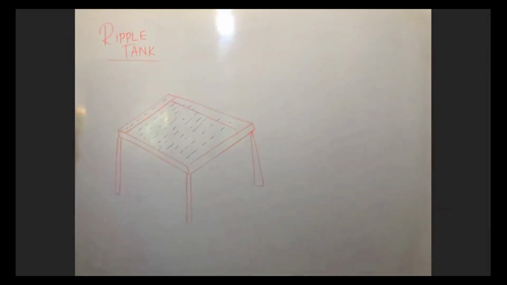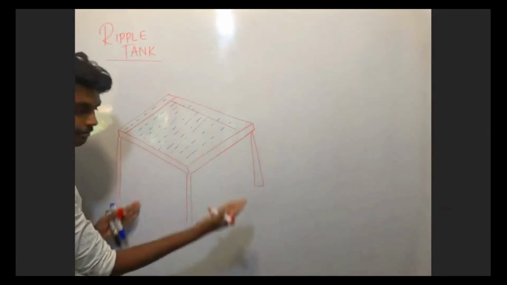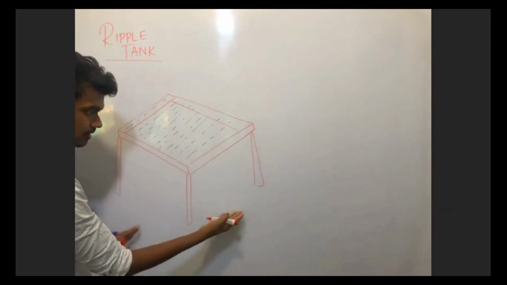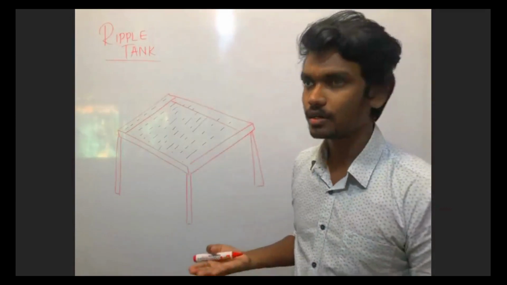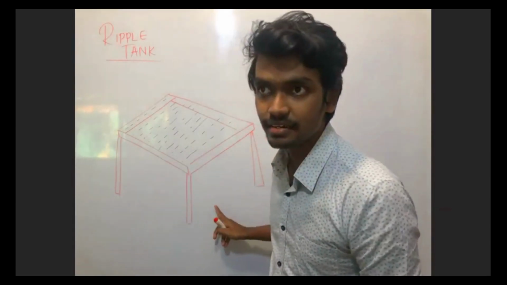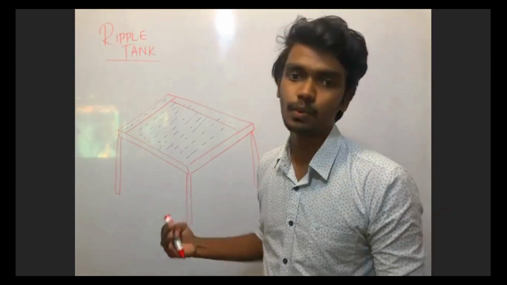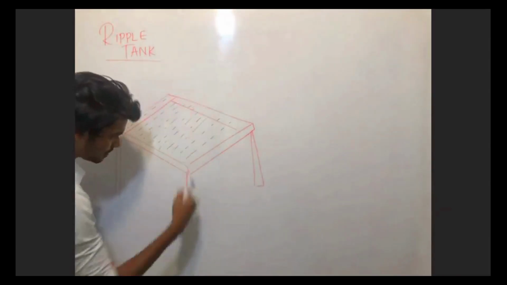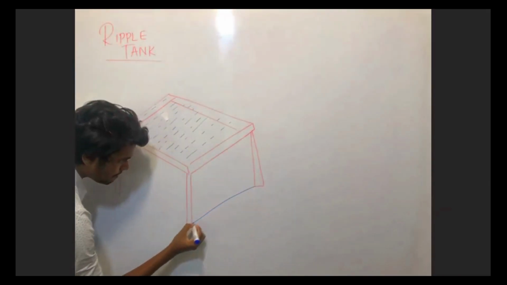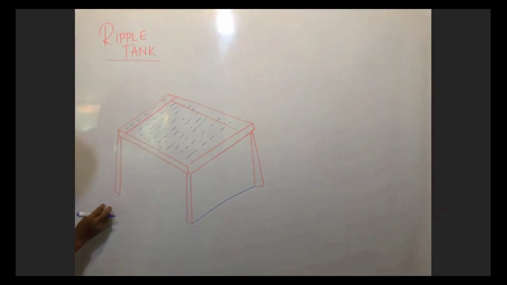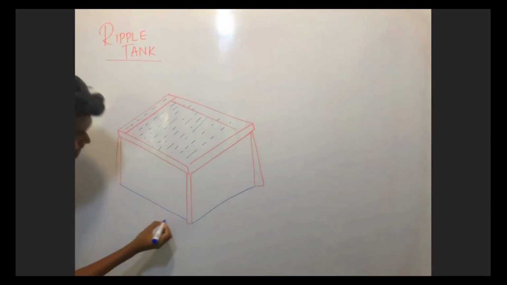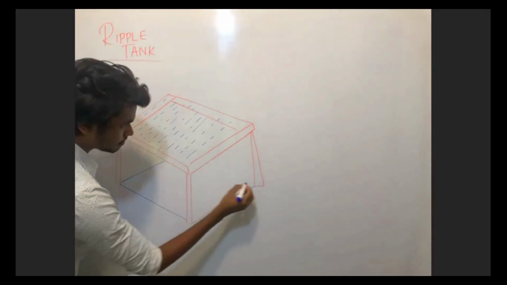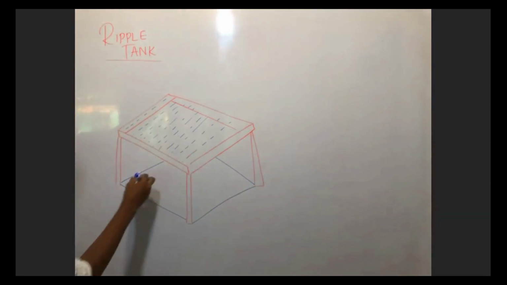And the most important thing is that exactly directly below this, underneath the table kind of, there is a screen. Directly below this there is a white screen. Mostly it's a white screen.